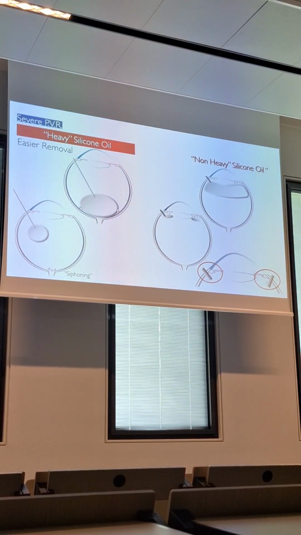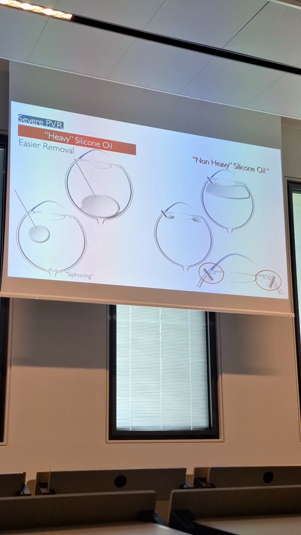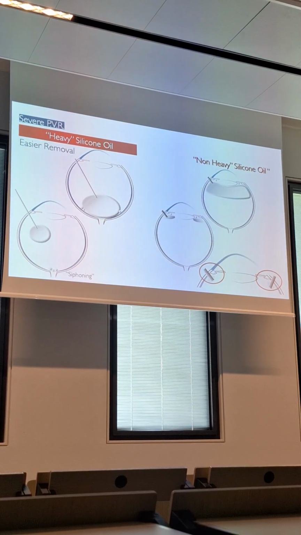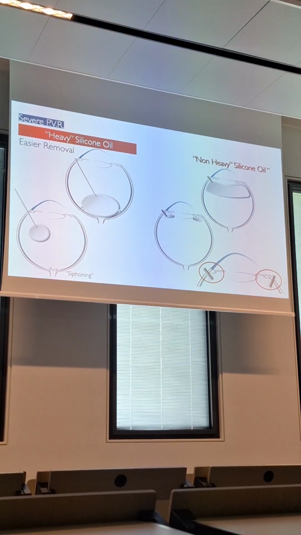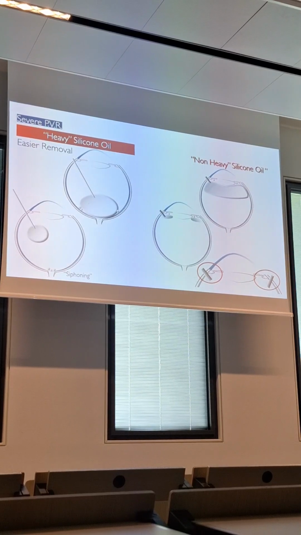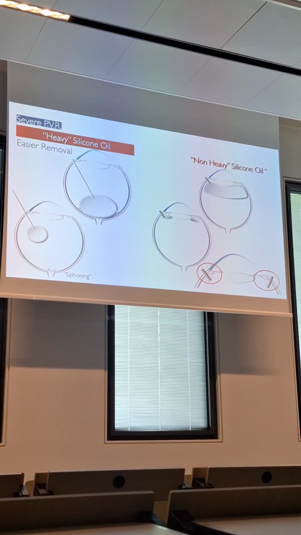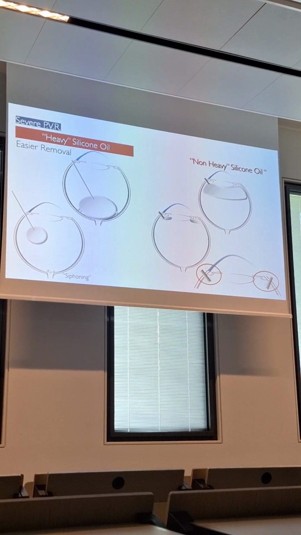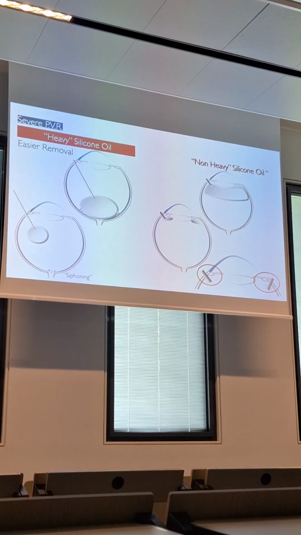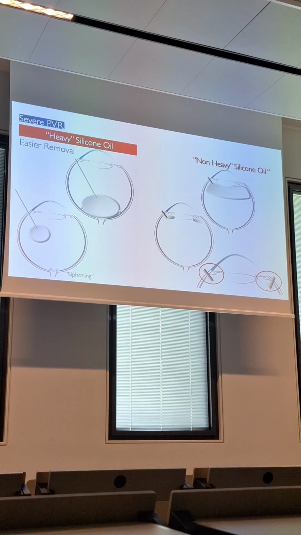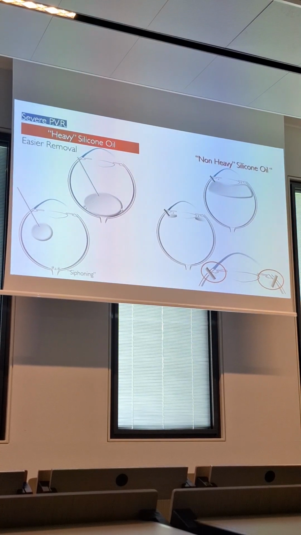It's so easy. Non-heavy silicone oil is not that easy, because when you remove it, it goes up behind the iris, behind the lens, and you don't see it. This is one of the reasons why you have many big bubbles of silicone oil in the post-op.